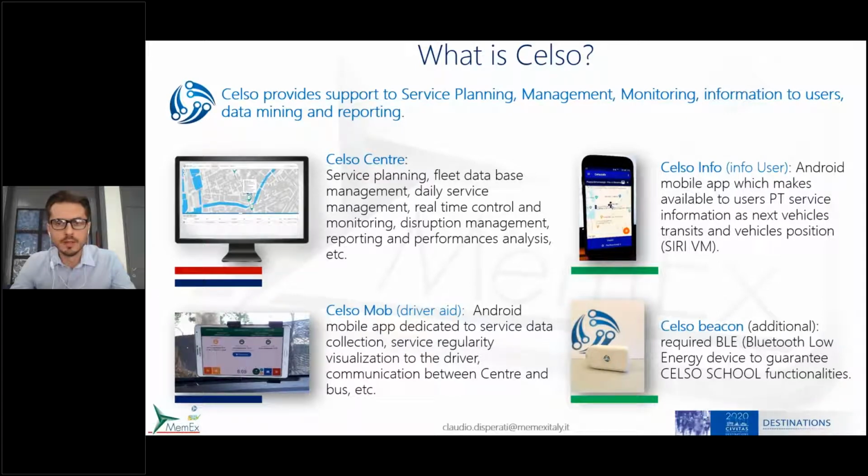CELSO includes several components, in particular 4 components that allow the transport company to carry out all the activities envisaged in the transport processes, from the planning phase to the reporting one. The first component is CELSO Center, which is a group of back-end and front-end applications, which allow defining the service from the point of view of the topological elements and the timetable.